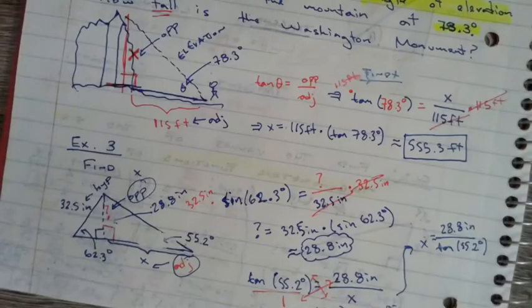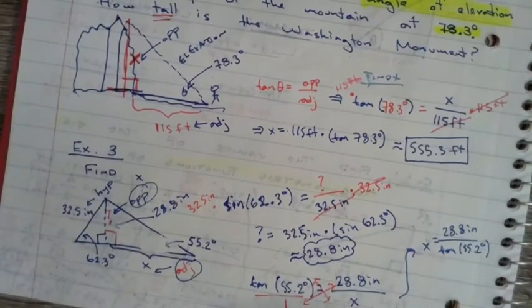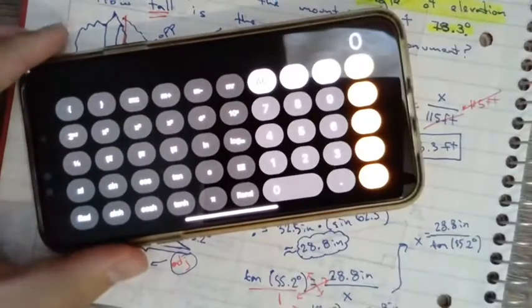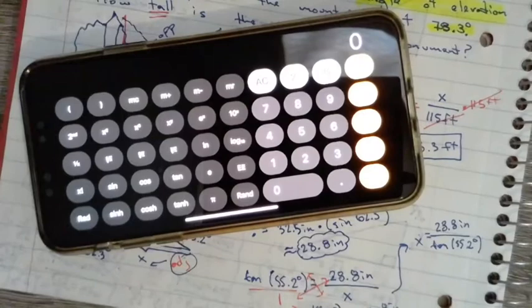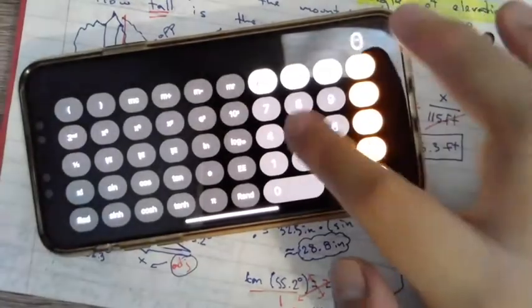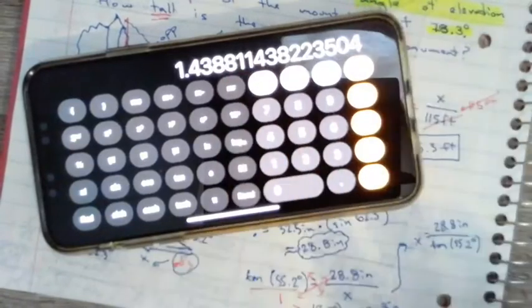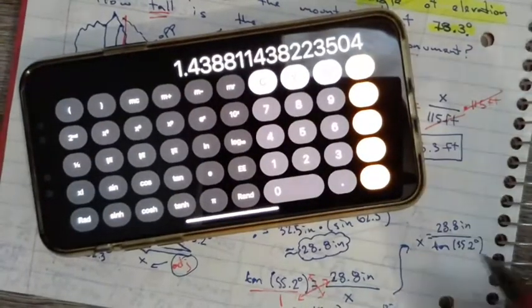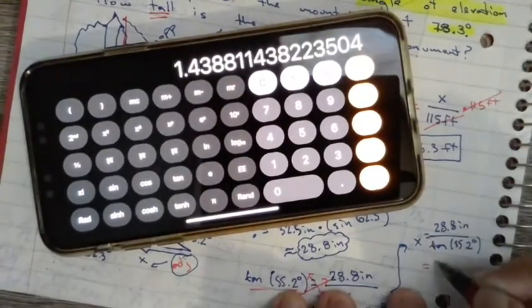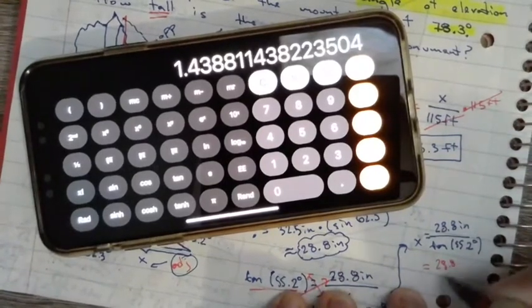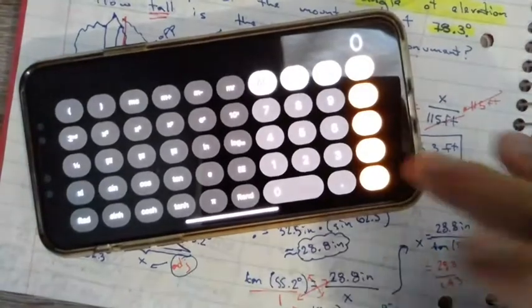Okay, now input it into your calculator. So again, 28.8 divided by tangent of 55.2. I'm going to do the tangent first. So you're going to put 55.2, take the tangent of it. Your tangent, as you see, is about 1.43. So then I'm going to write that down. 28.8 divided by 1.43, and I'm going to divide it.